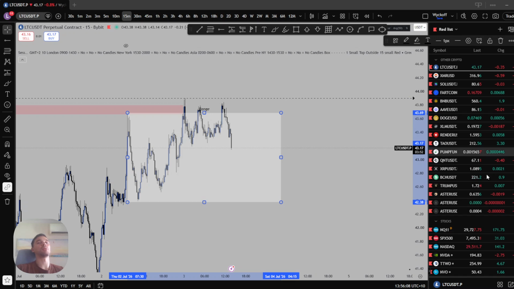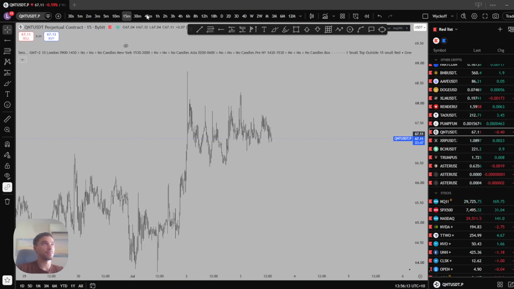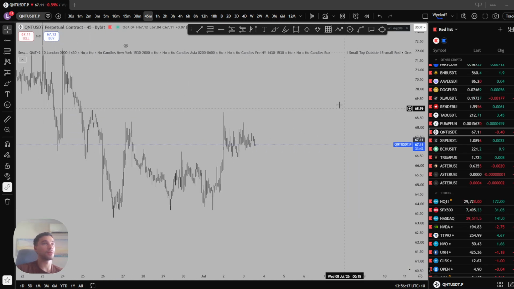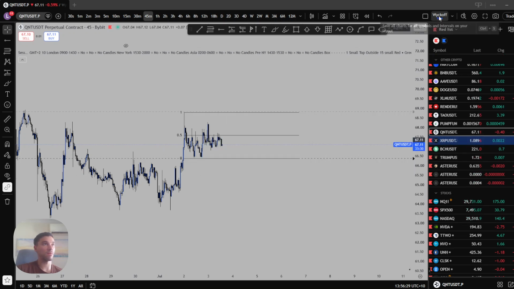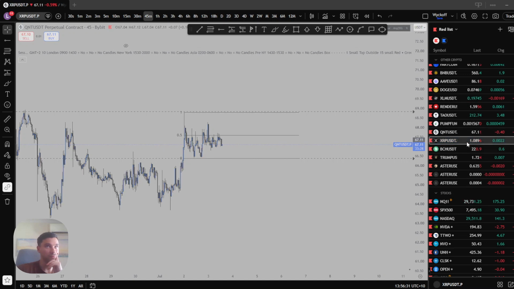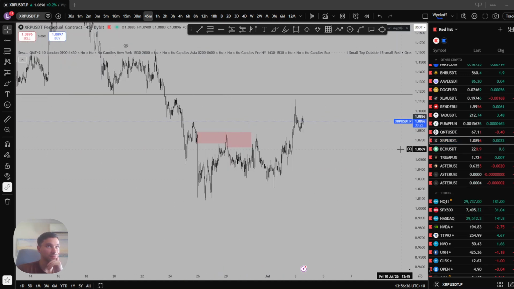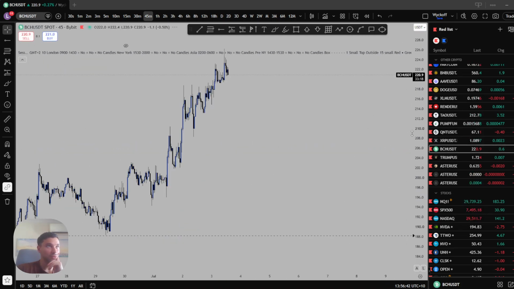It can still become a Model 1. Quant. XRP. Bitcoin Cash.